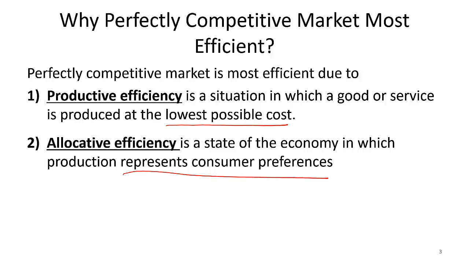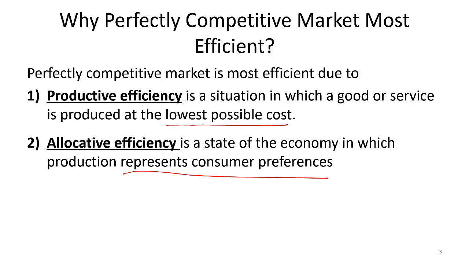So that's allocative efficiency in a nutshell. These two actually make the perfectly competitive market the most efficient form of market, and that's why this is our benchmark. We will always try to compare any market situation with a perfectly competitive market outcome.